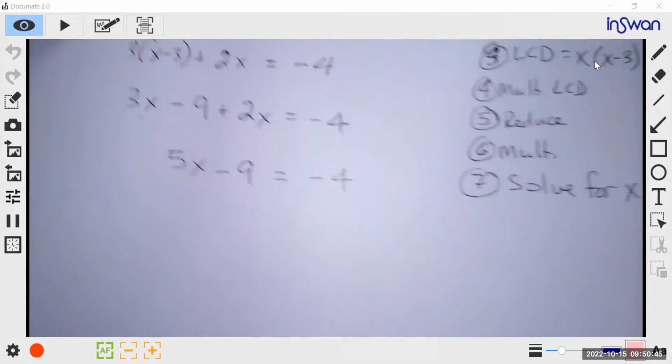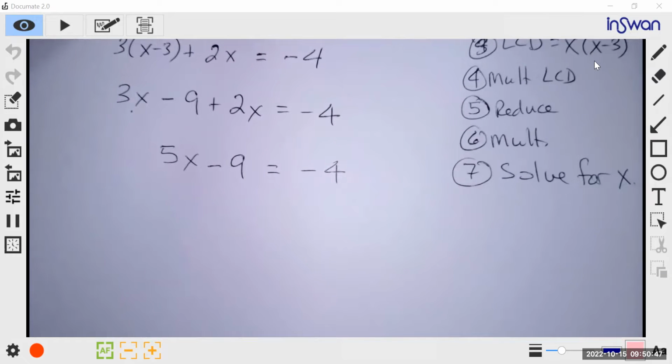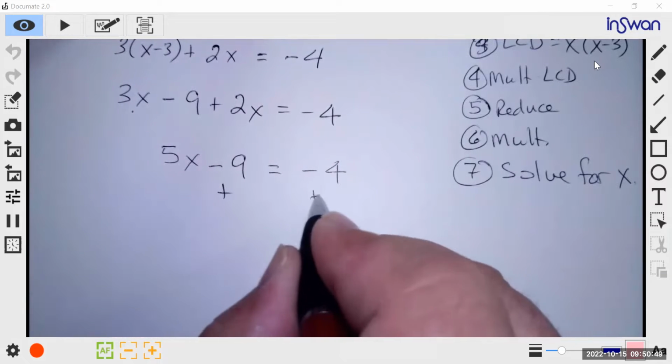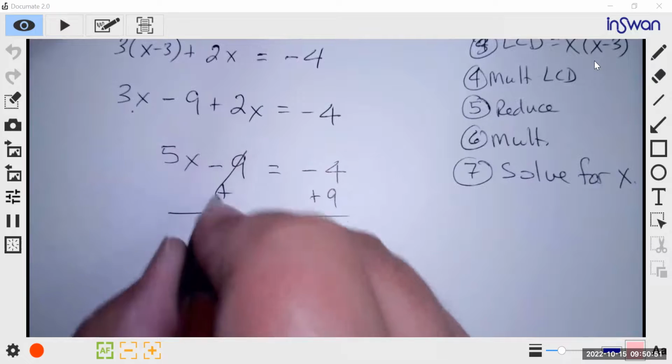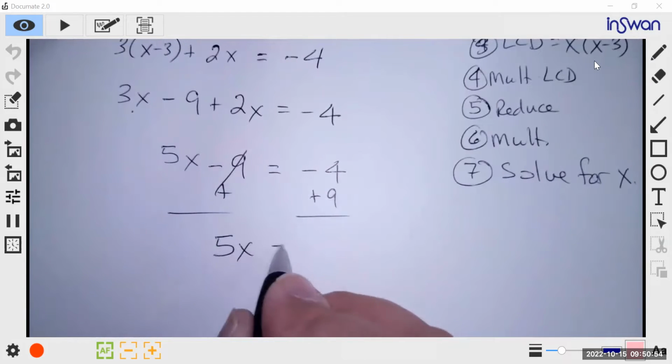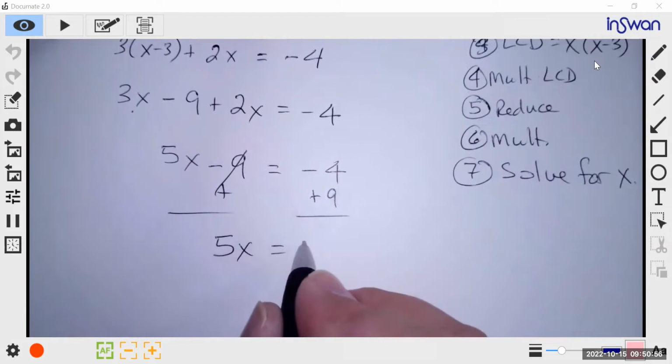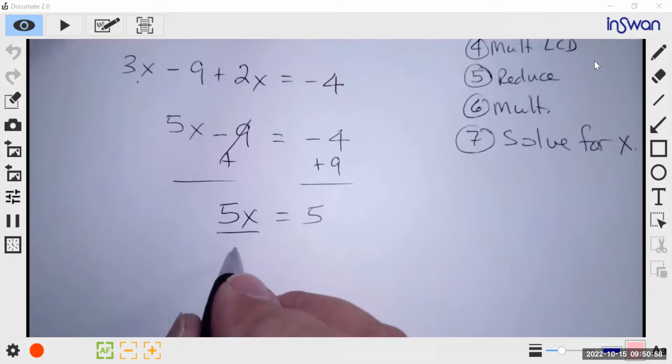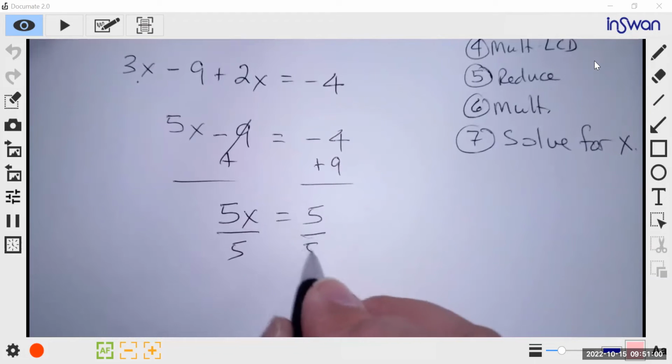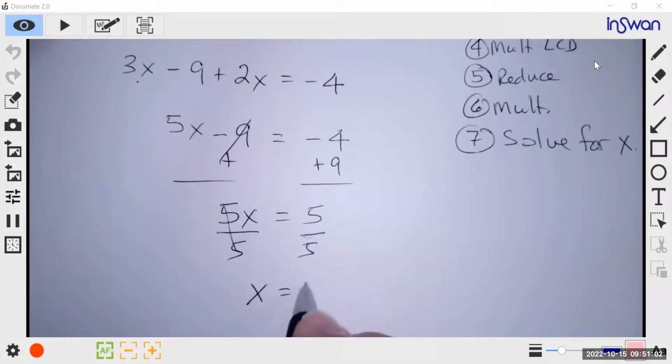And then solve for x. Add 9 to both sides. Positive 9 minus 4 is 5. Divide both sides by 5. X equals positive 1.